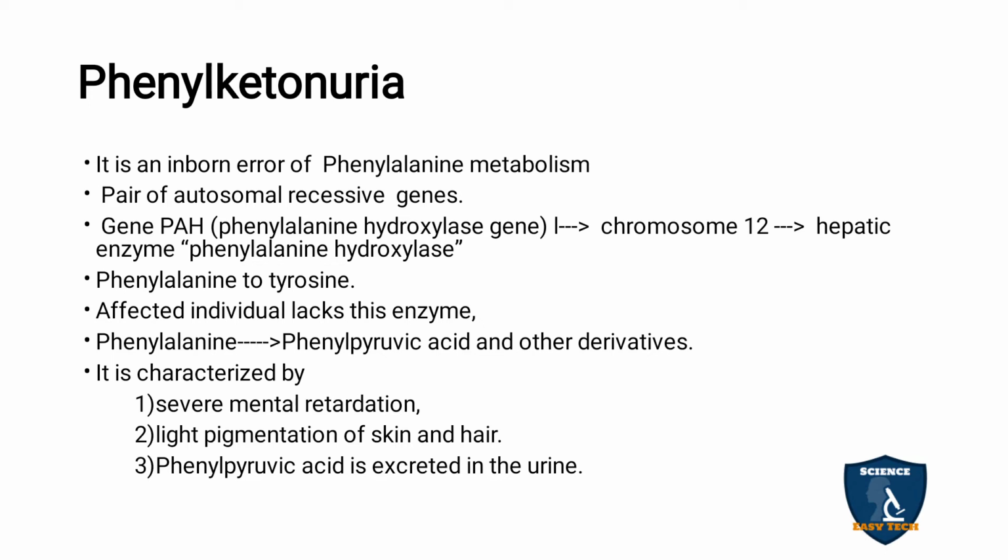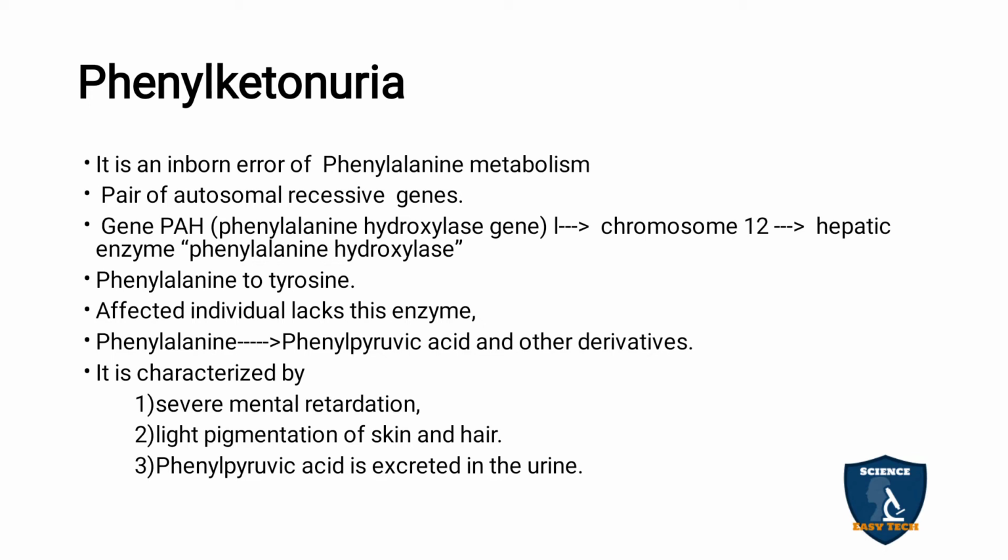The phenylalanine hydroxylase enzyme gene, PAH, is absent in the phenylketonuria person. Normally the gene is present in chromosome 12, and it is needed for the hepatic enzyme to function, converting phenylalanine to tyrosine.